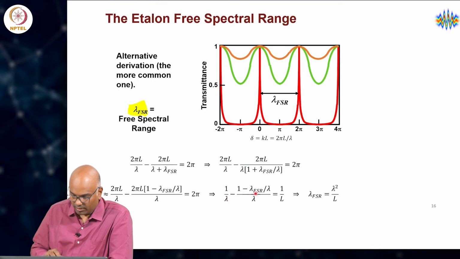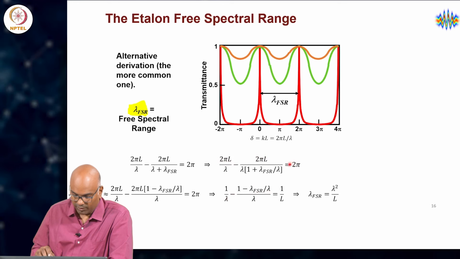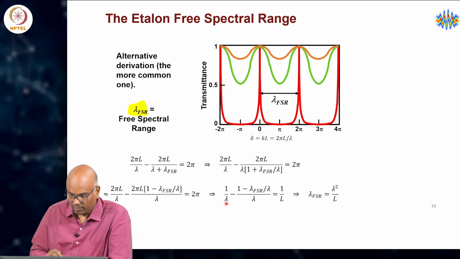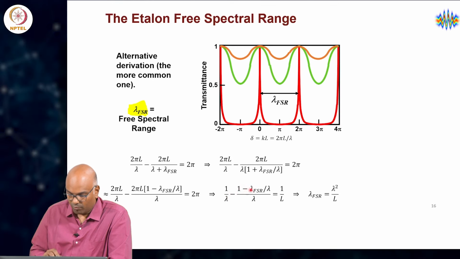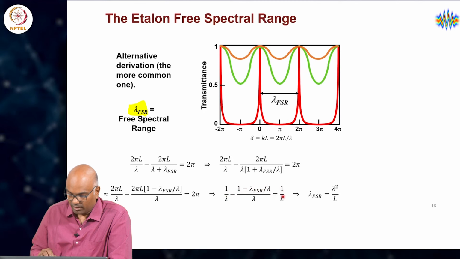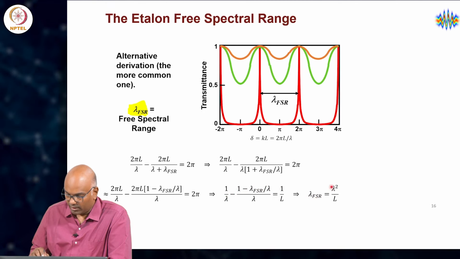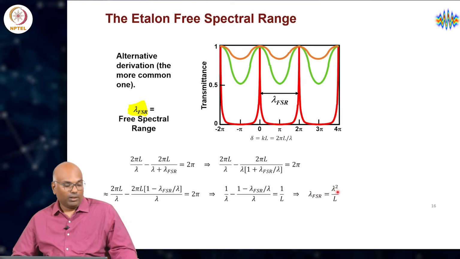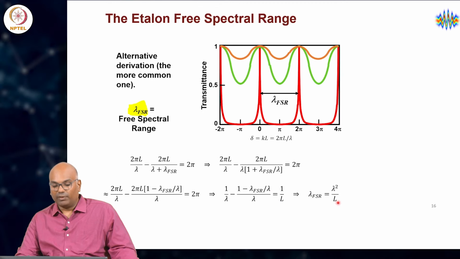This allows us to cancel off the 2 pi's, and we determine that 1 by lambda minus 1 by lambda multiplying 1 minus lambda FSR by lambda is essentially 1 over L, and lambda FSR is lambda square by L. So, just a little piece of math, another way to determine the FSR in the wavelength domain.